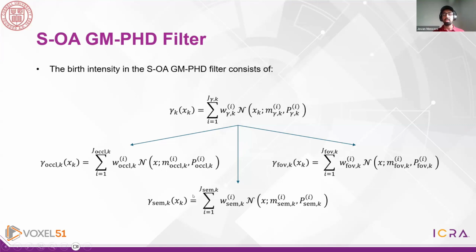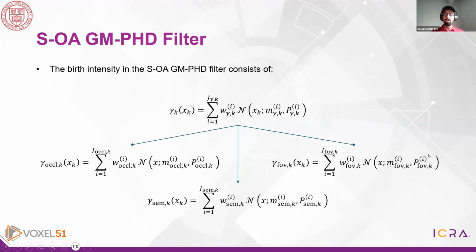In the middle, we see the birth intensities, the birth hypotheses, which we define using scene semantics. And on the right, we see the objects, and the birth intensity represented for the sensor field of view.